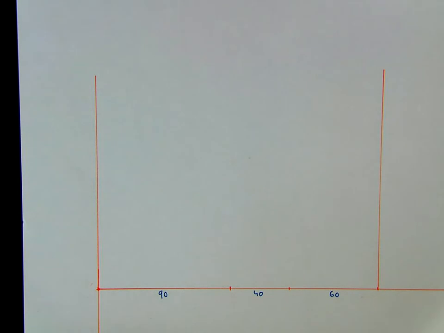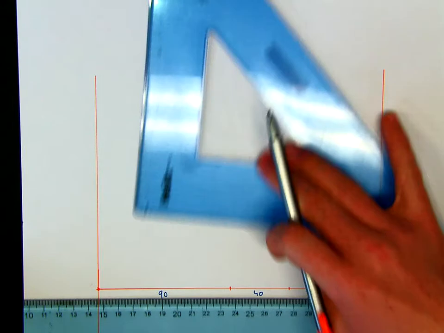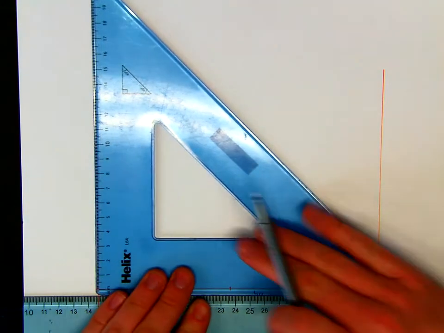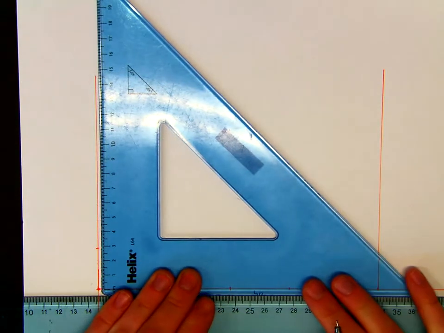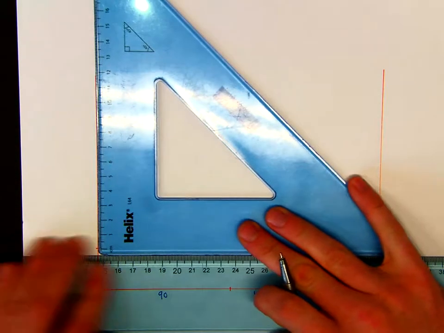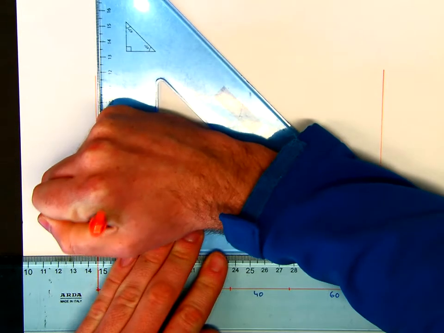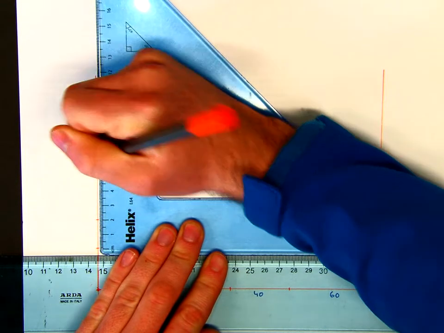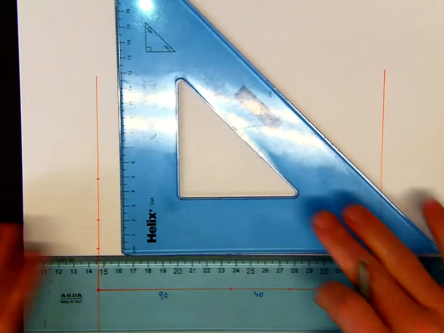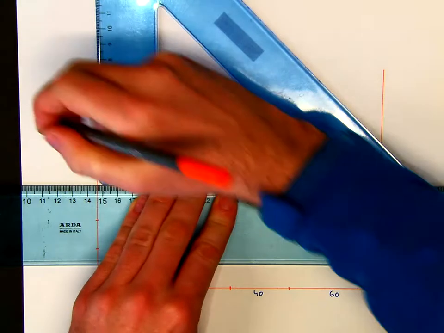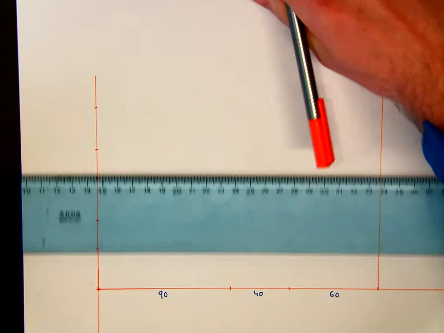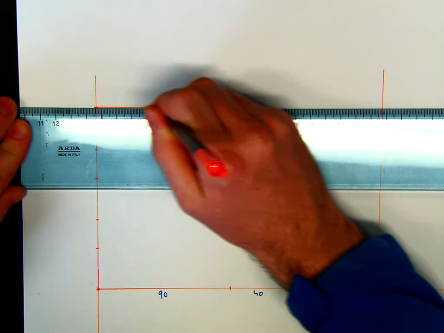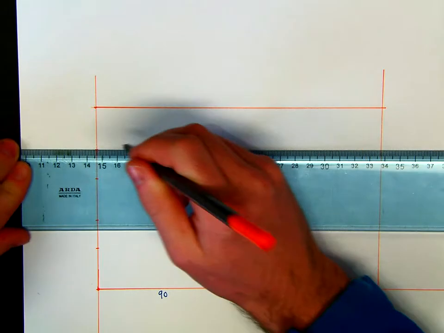Okay, going up. So our first vertical dimension is 28. So up 28. After the 28, we have 20 and then another 28. So 20 and 28. And then we have two more of those as well, 20 and 28. And I'm going to bring all of those lightly going horizontally across the page.